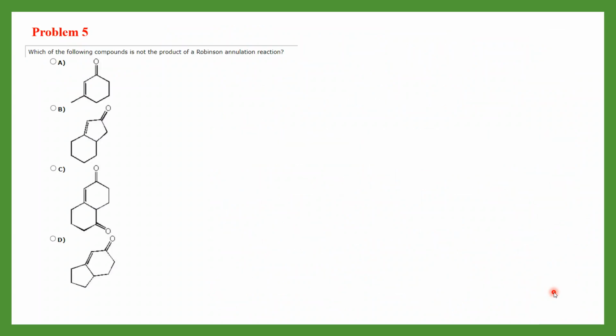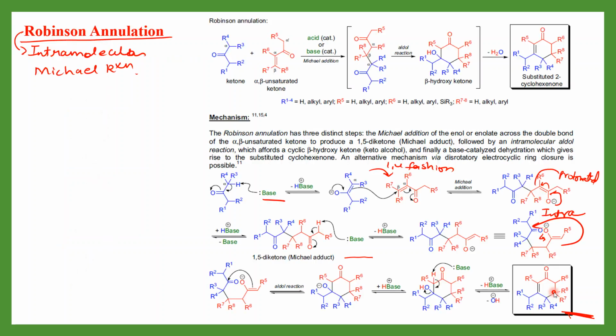So based on this, problem number 5. Which of the following compounds is not the product of Robinson annulation? Let's look at the structural features of the Robinson annulation reaction. So let me use the pointer for that.